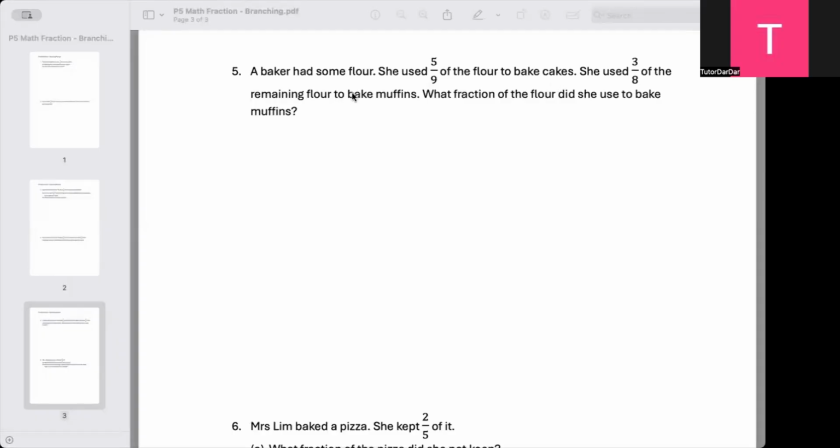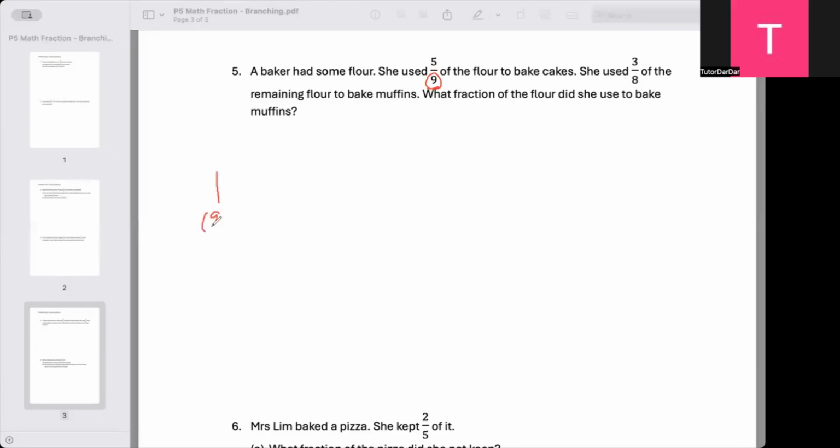A baker had some flour. She used 5/9 of the flour to bake cakes. She used 3/8 of the remaining flour to bake muffins. What fraction of the flour did she use to bake muffins? So now, same thing. Fraction always starts with 1. And we see the very first denominator is 9.